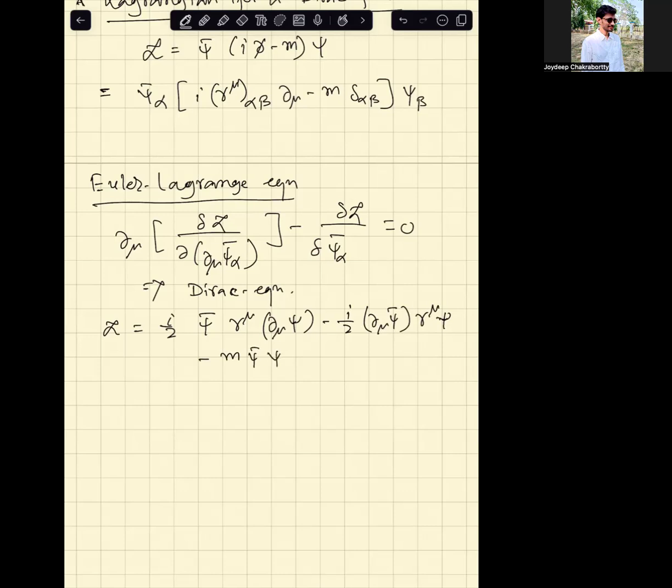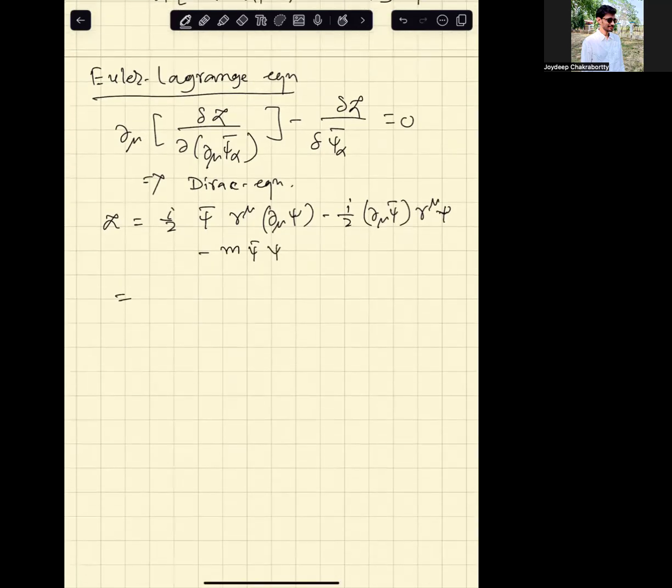And because we know the Lagrangian is Hermitian, we can subtract these two Lagrangians. Let me call it L prime. So if we calculate L prime minus L, what I'll find is the following: del mu of i/2 psi bar gamma mu psi, maybe a minus sign.